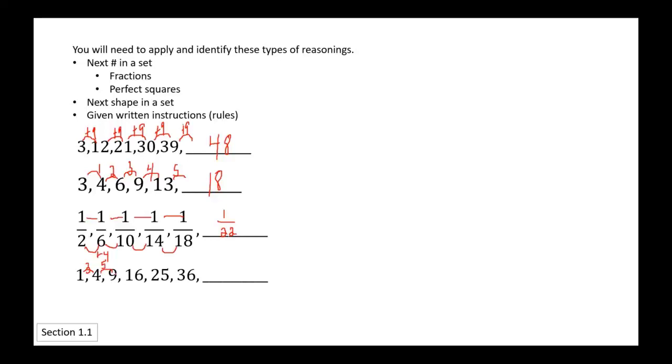From 4 to 9, they've added 5. 9 to 16 is a difference of 7. And 16 to 25 is a difference of 9. So 3, 5, 7, 9, okay, so the next one would be 11. That works. And then I need to go up 13 because it looks like we're increasing by odd numbers every time. If I go up 13, that gives me 49.